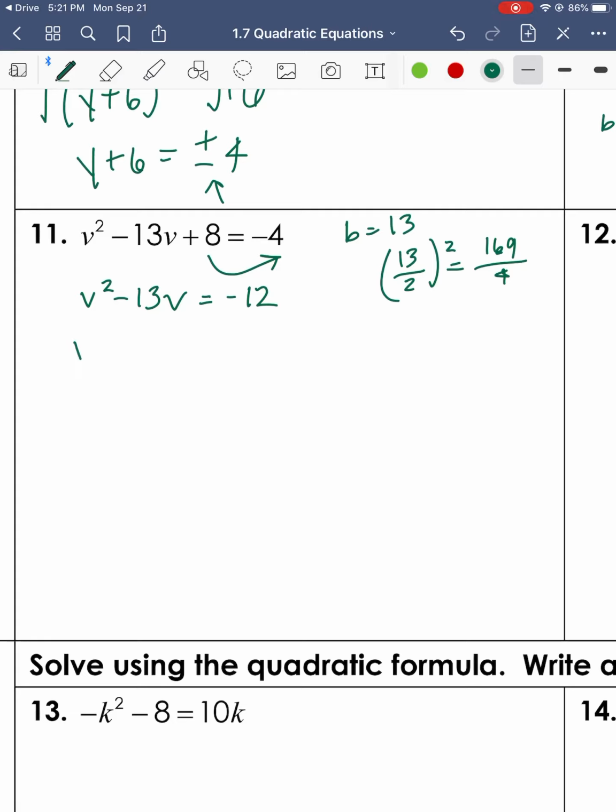Okay, and then we're going to add that to both sides. So we have v squared minus 13v plus 169 over 4. That is equal to 12 plus 4/4.